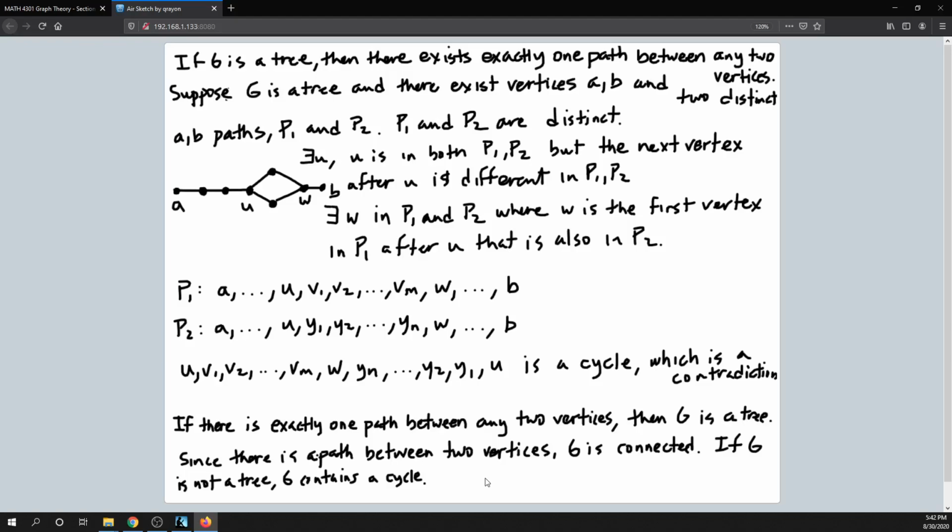We talked about that in the proof of theorem 1 point, or actually I think it was the proof that every walk contains a path. So that would mean that there exists an A and a B in G with more than one path, that A and B being on the cycle that G contains.